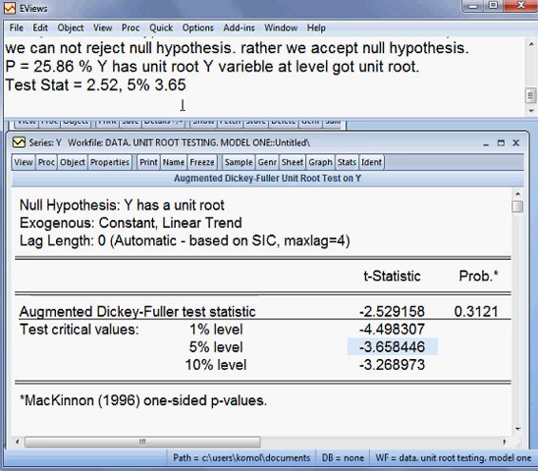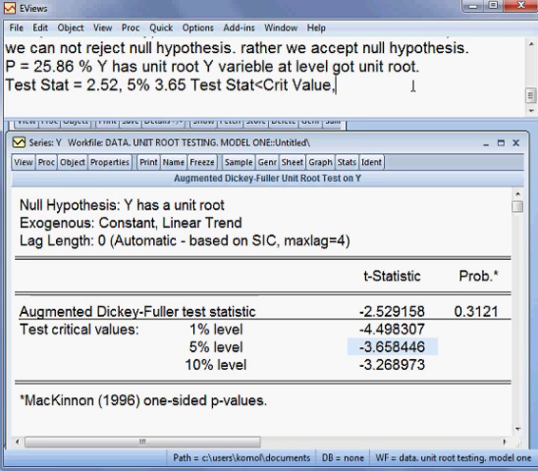So test stat is less than critical value. So meaning that we can reject null hypothesis and accept alternative. Sorry, I've made a mistake. Test statistics is less than critical value, meaning that we cannot reject null hypothesis. Rather, we accept null hypothesis.